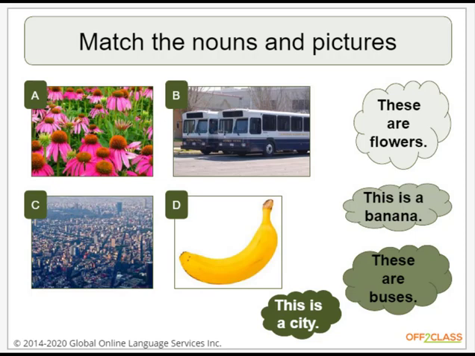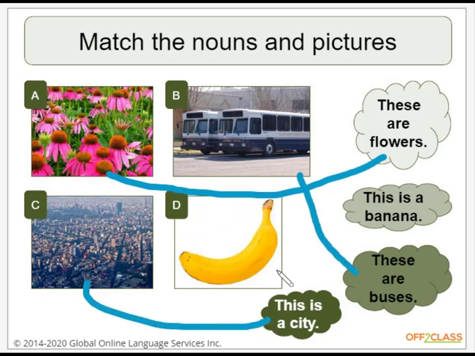So for the warm-up, I want you to read each sentence and determine which picture each sentence belongs to, right? So what is this? And what does it match to, right? So this should be pretty easy. These are flowers, right? What is this one? These are buses.